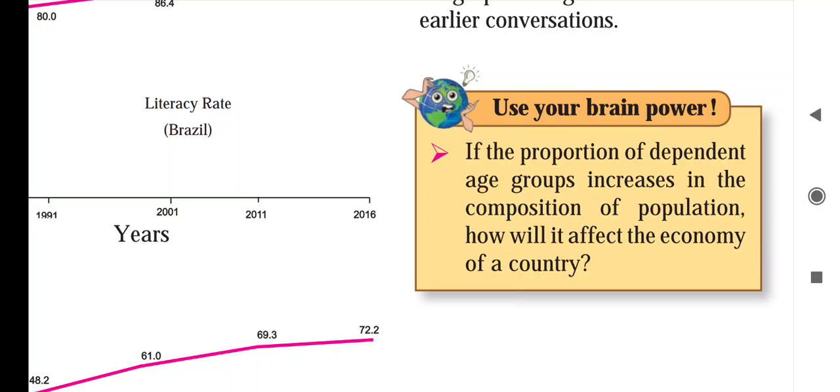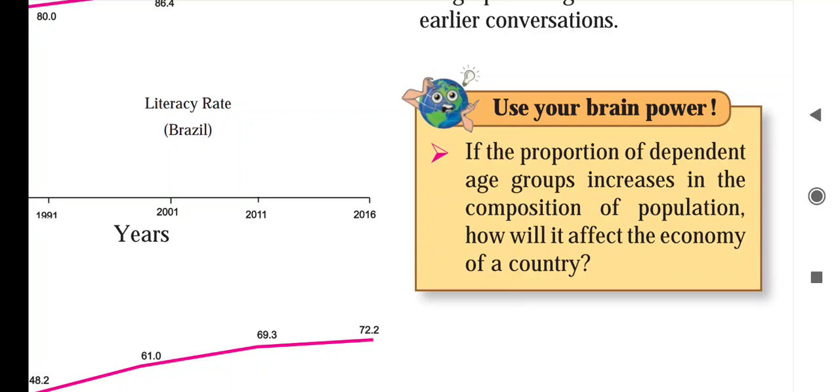If the dependent people, meaning non-working people, for example 0 to 16 years, the children, cannot work, so they completely depend on their parents' earnings, who provide all the facilities to the children. The same with aged persons, old age people, they are also not working.